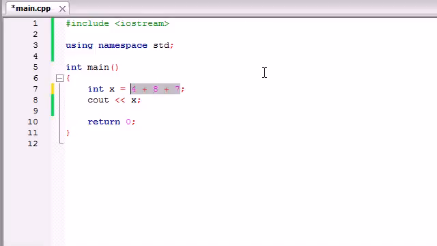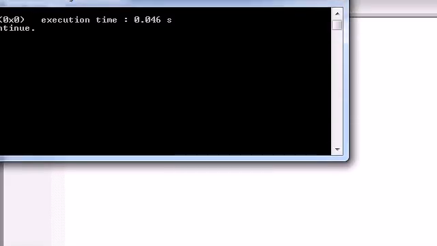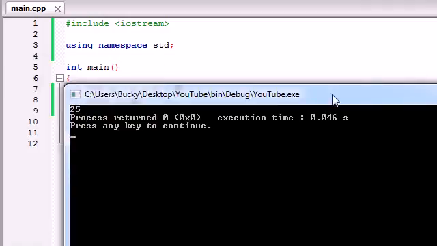The only time you have varying answers is when you have something like 4 plus 3 times 7. For example, if you did 4 plus 3, it would be 7 times 7, which would be 49. But whenever we run this, whoa, easy there, we get 25. Why is that?